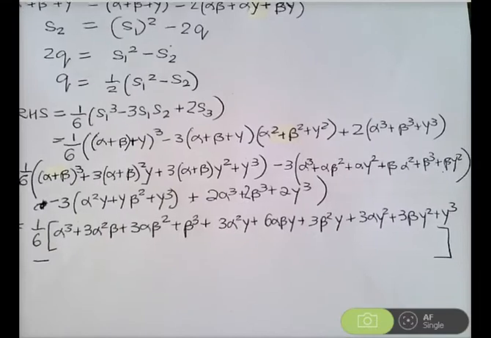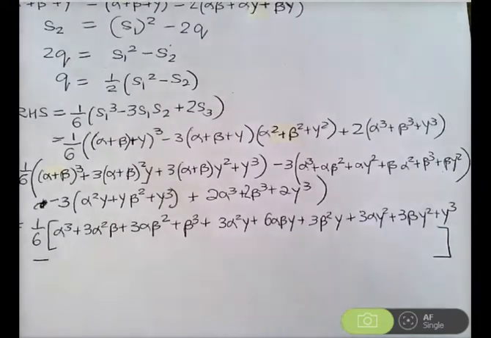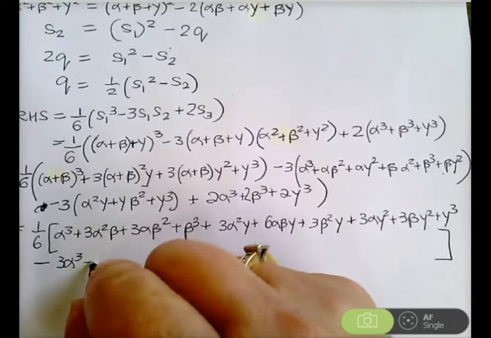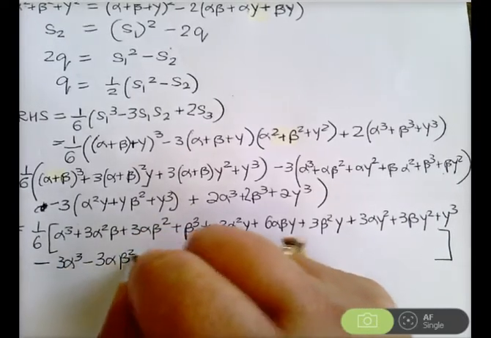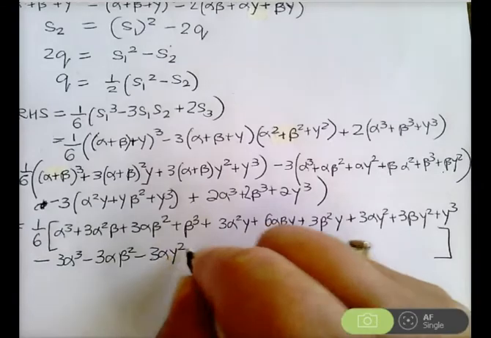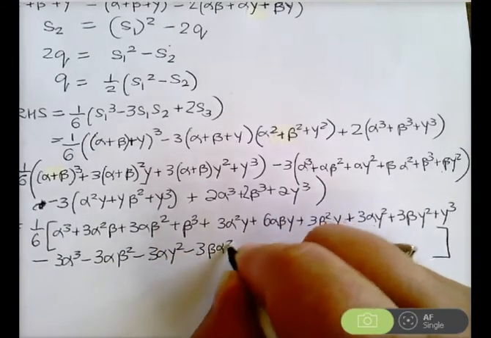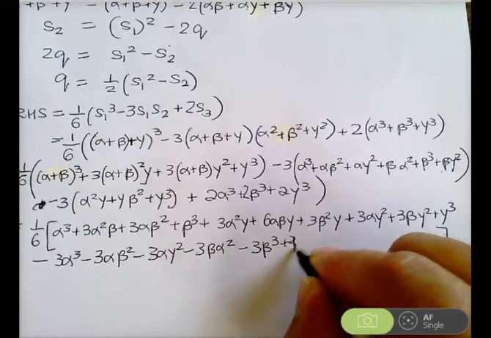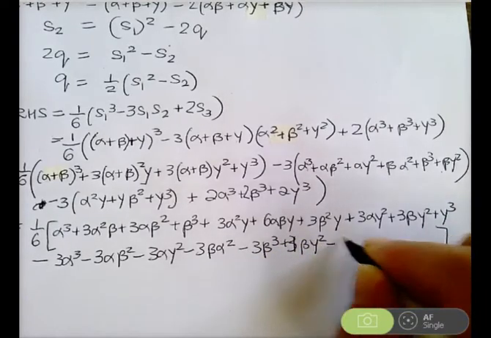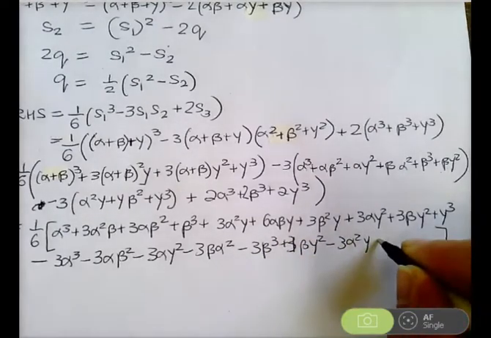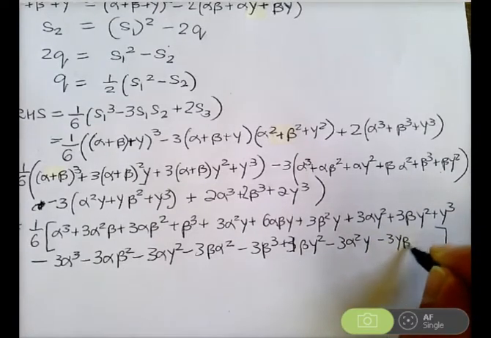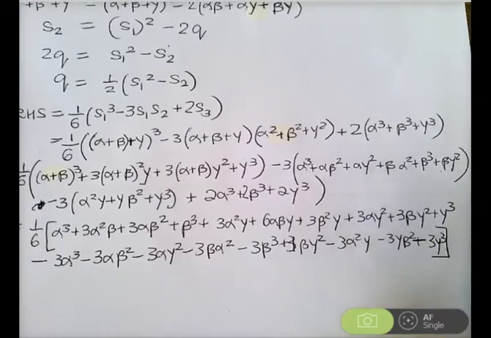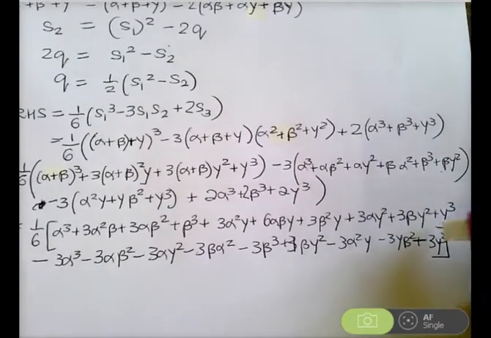anyway girls, it all ends up, you can play with it at home, you keep going, 3 alpha cubed minus 3 alpha beta squared, sorry Jaden, minus 3 beta cubed plus 3 beta gamma squared minus 3 alpha squared gamma minus 3 gamma beta squared minus 3 gamma cubed, and I've still got all the rest of that.